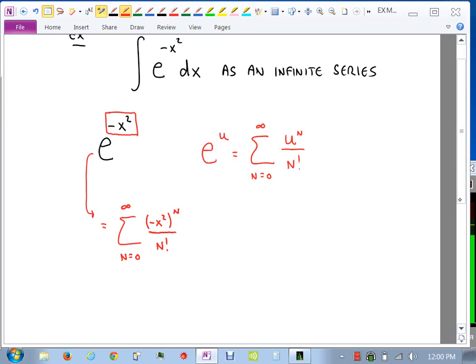Do y'all remember how to find the antiderivative of a series? We did it last class. There's a formula for it. But before we can do it, we have to split it up. Look at the notes from last class, the page that said theorem, term by term differentiation and integration.